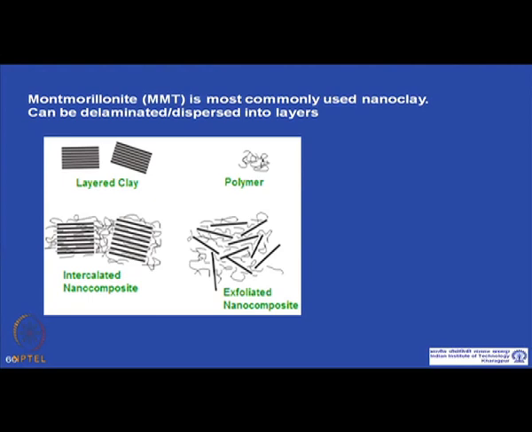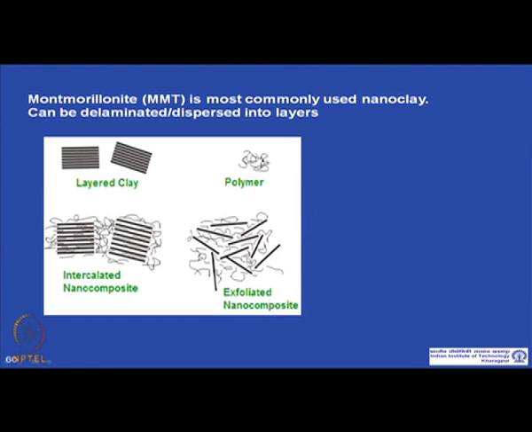One example is shown here. This is montmorillonite clay, which is a very commonly used nanoclay, and it has a layered two-dimensional structure. So, ideally, to get the best property from the clay as a filler, it has to be dispersed quite well. So, the layers have to be dismantled and dispersed like what is shown here, and we call this an exfoliated nanocomposite.